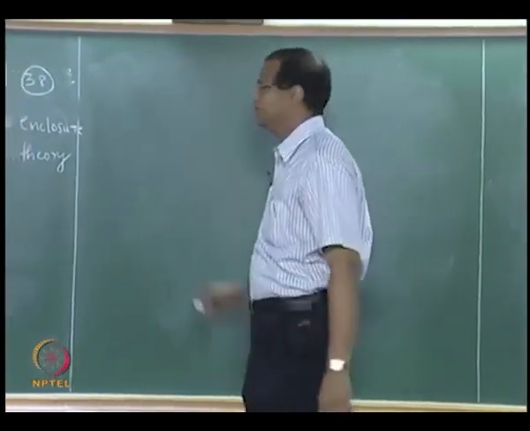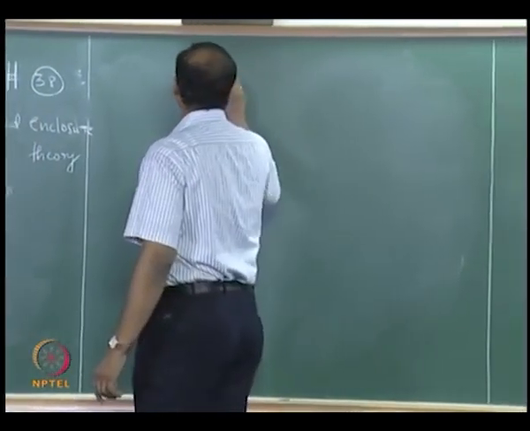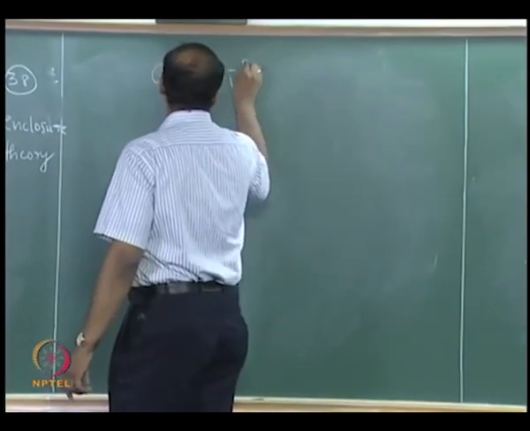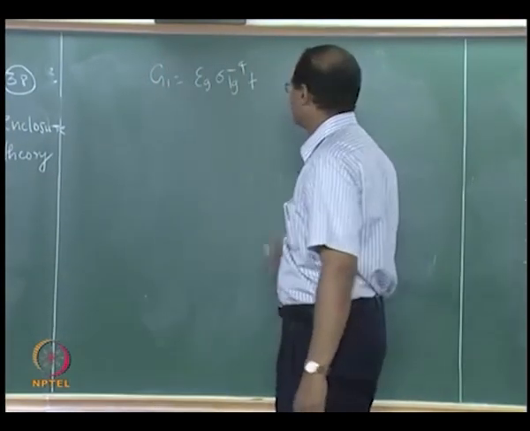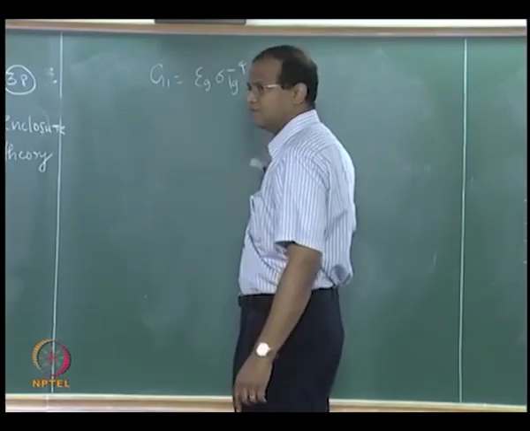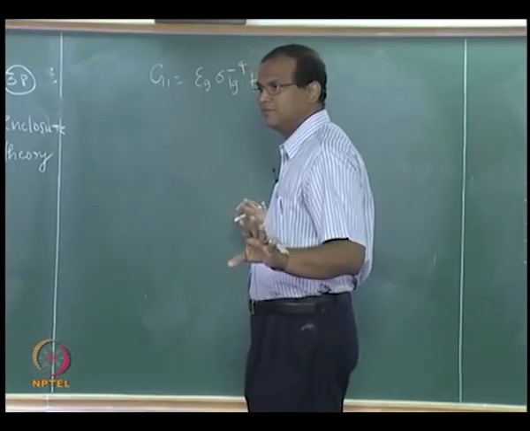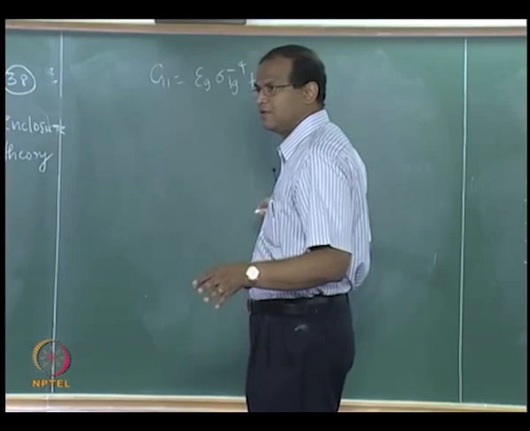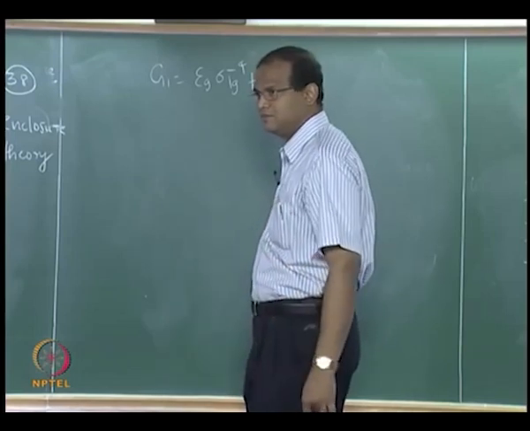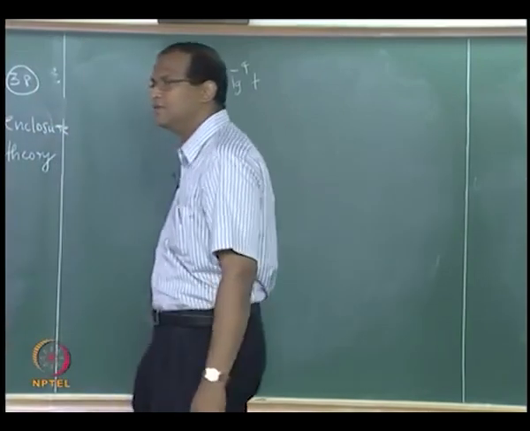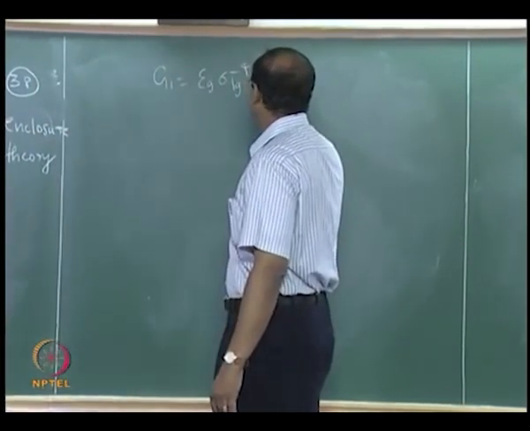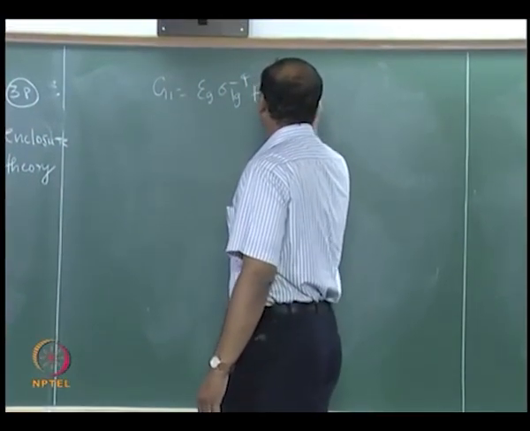What is G1? Plus, plus J2 into tau 1, no, F12 J2 tau 1.